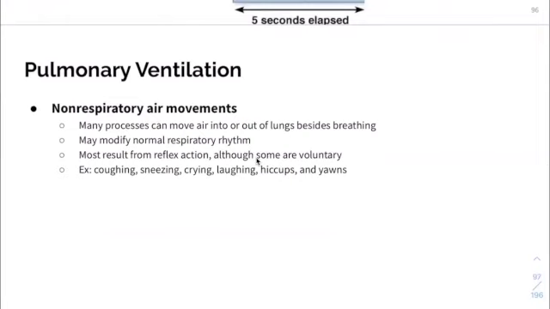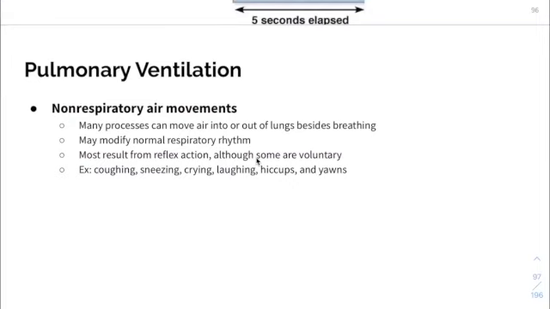So we even have non-respiratory air movements. Air is always going to be moving during different activities. Like I mentioned earlier, coughing is actually when that intrapulmonary pressure is less than that intrapleural pressure.